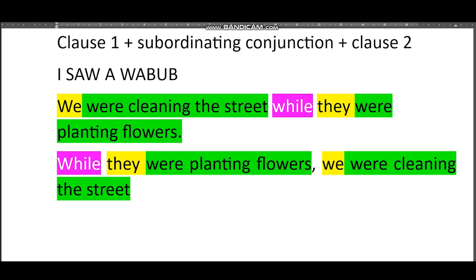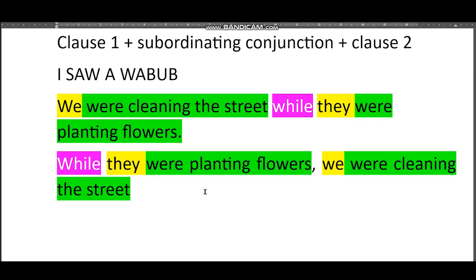Pay attention to one thing, that there are two ways in order to join two clauses with a subordinating conjunction. The first way is we put it in between, like in this example. The second way is we start the sentence with a subordinating conjunction. While they were planting flowers, comma, we were cleaning streets.